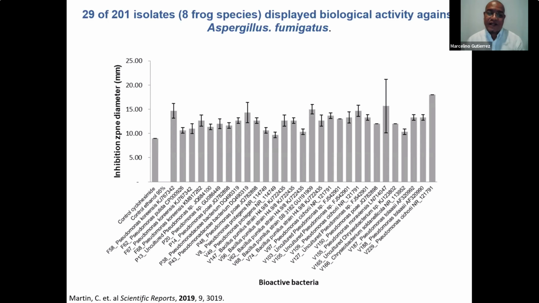We collected 8 frog species from different locations in Panama, and we isolated 2001 isolates of bacteria, of which 29 were active in an assay against Aspergillus fumigatus. We can see here all the strains that were active, and Pseudomonas chlororaphis showed the greatest activity, even more active than the control cycloheximide.